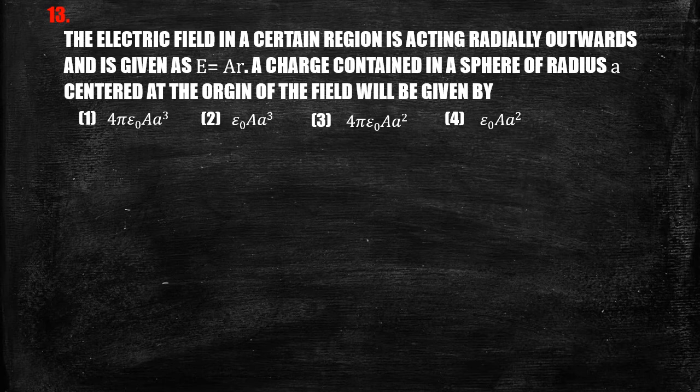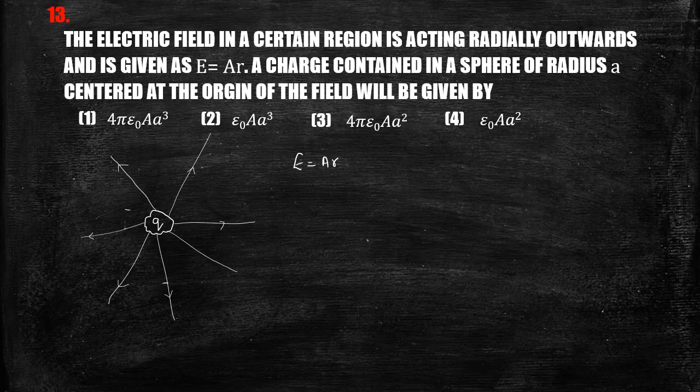So it is given that there is an electric field, and for an electric field there should be a charge or a region of charge, we say. Let's say there is a region of charge here, somewhere here, and due to this an electric field arises. I am drawing the electric field lines. So these indicate an electric field, and the magnitude is given by E equals A R. So R may be the distance from the origin to the point where we are considering the electric field.